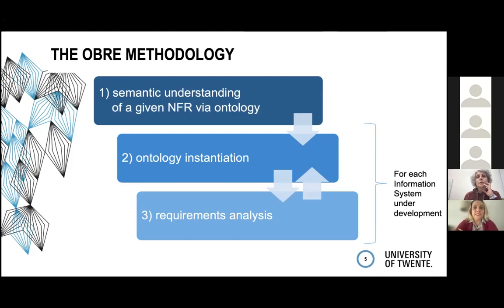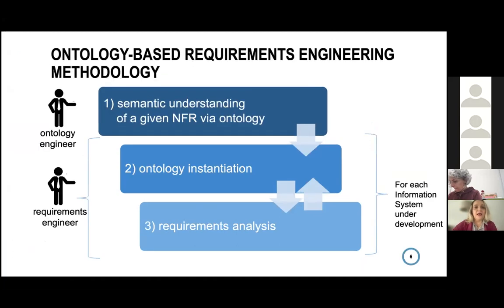This methodology is composed of three phases. The first phase is the semantic understanding of a given non-functional requirement via ontology, and the kinds of ontology that we were just talking about in the previous part of this tutorial. Then in the second phase, we have ontology instantiation, and in the third phase, the requirements analysis. And of course, these last two phases can be iterated.